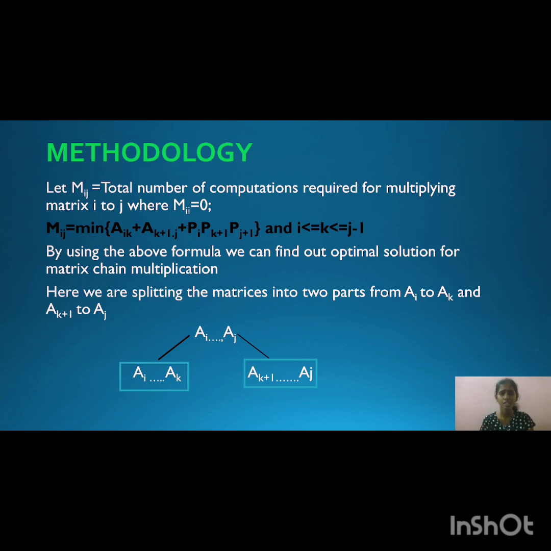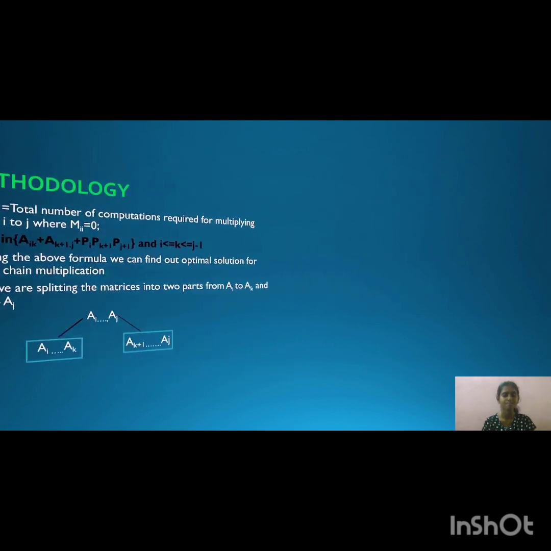And here the condition is i should be less than or equal to k, and k should be less than or equal to j minus 1. By using this formula, we split Ai to Aj as Ai to Ak as one part and Ak plus 1 to Aj as another part.